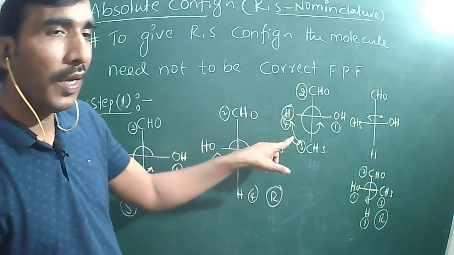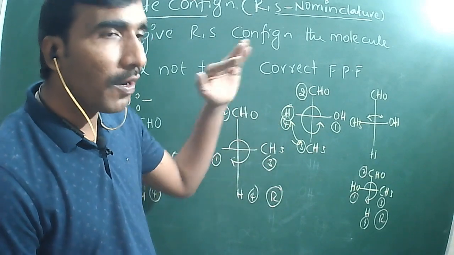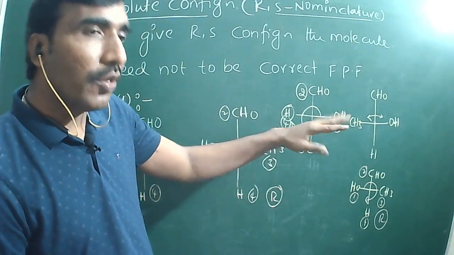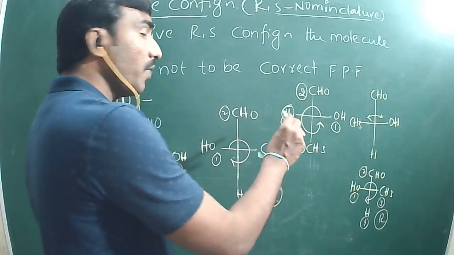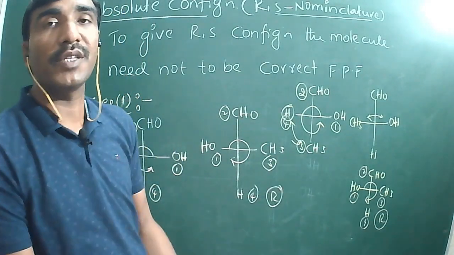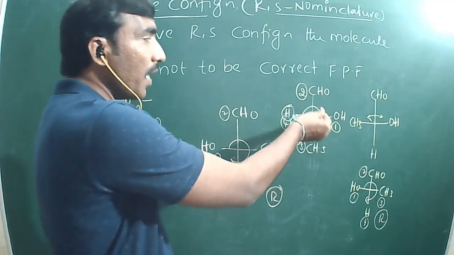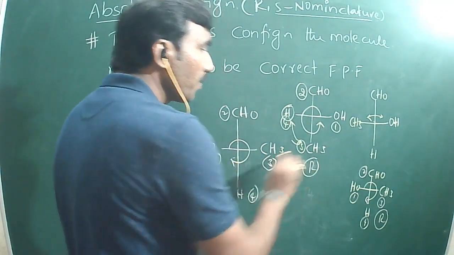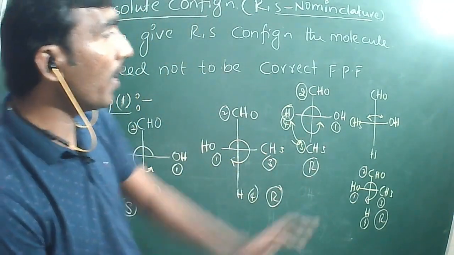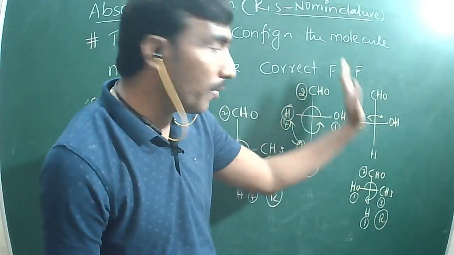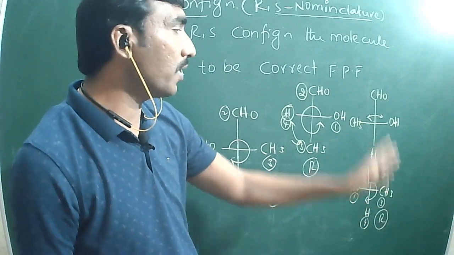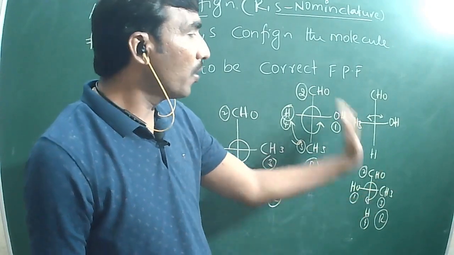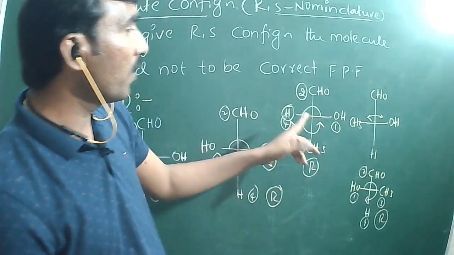If you find the least priority group on the horizontal line, you go with the opposite configuration. That means if it is clockwise you give S, if it is anti-clockwise you give R. So here it is anti-clockwise, so directly I can give R. The actual procedure is this one, according to the rules the scientists have framed. To avoid these 2 steps, we can do the shortcut directly here.